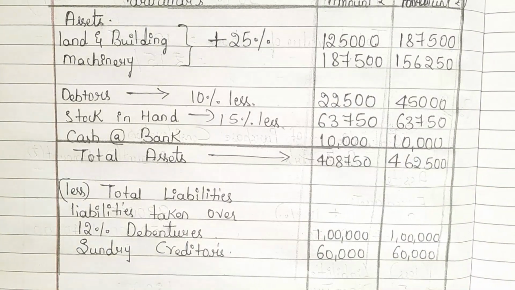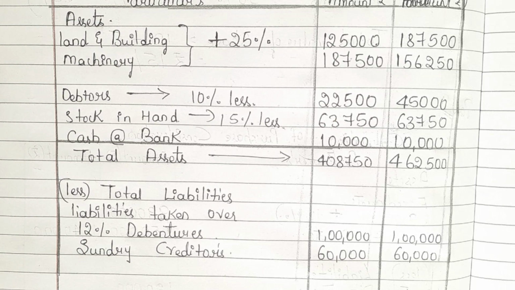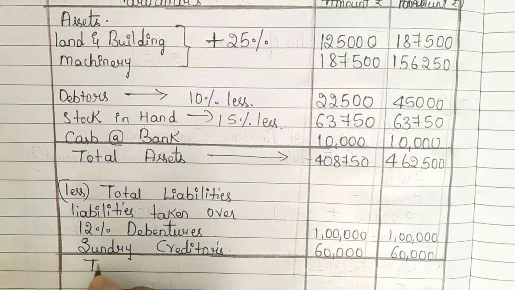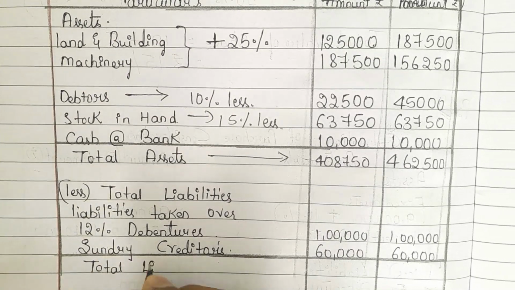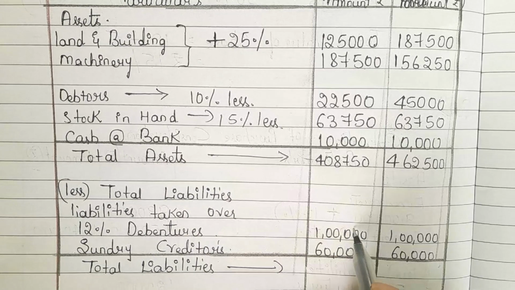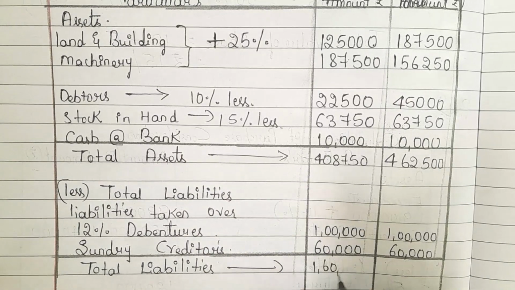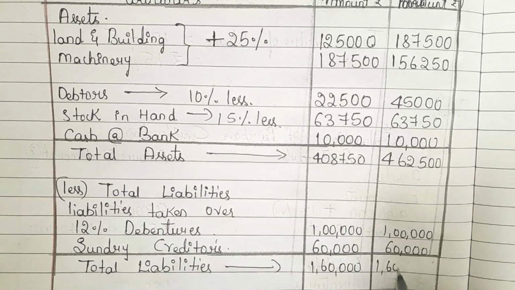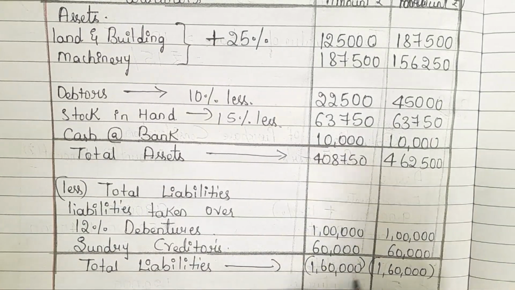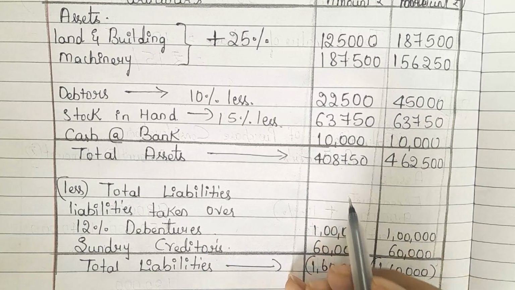This is liabilities, the total value of liabilities. So what is the total liabilities? You need to add 1,60,000. So X Limited will be 1,60,000 and Y Limited also 1,60,000. Now you need to subtract this 1,60,000 from the total value of assets.